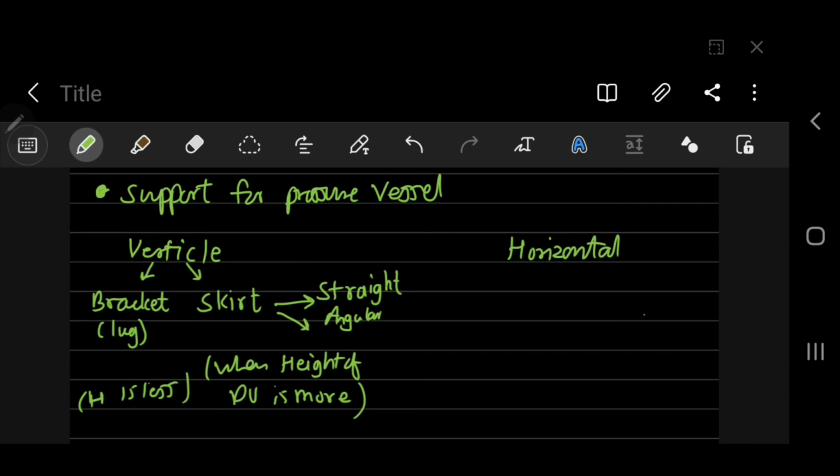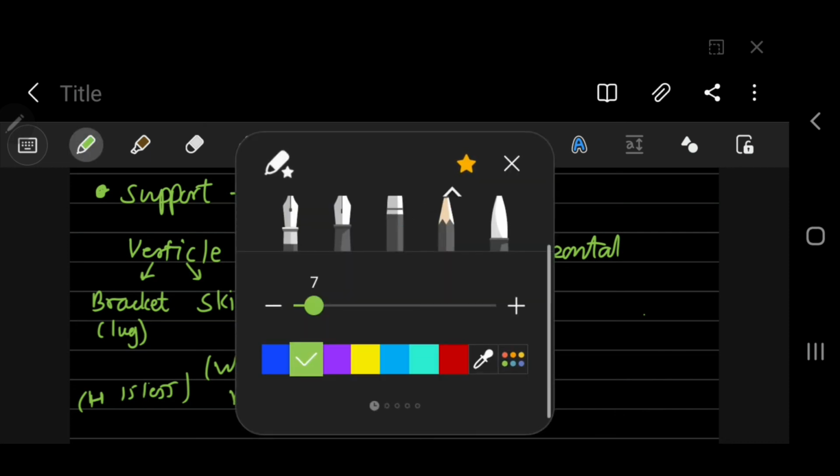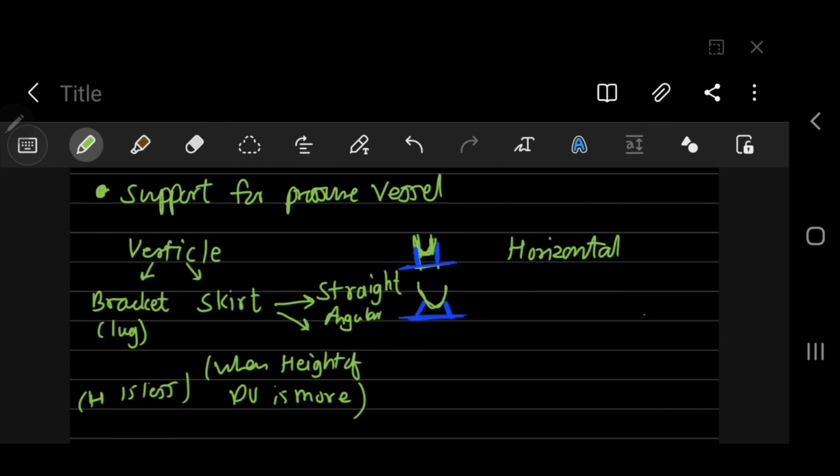Okay, what is a straight skirt? The skirt which has this type of structure, where the legs are at 90 degrees to the ground, is called a straight support. And if the bottom legs of the support are at an angle, then that support is called an angular skirt support. Okay, so this is for a vertical cylinder.